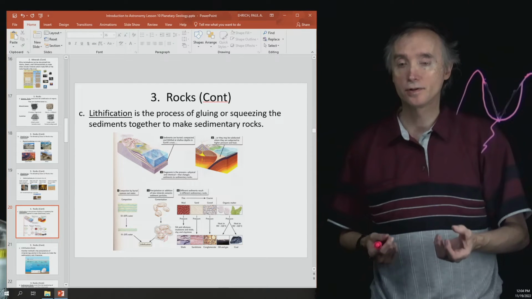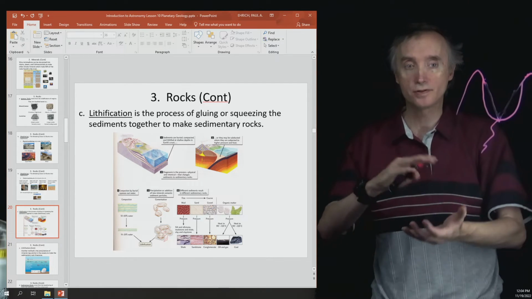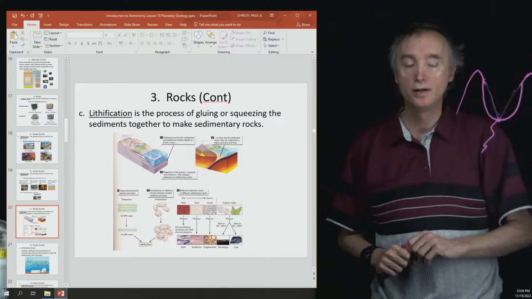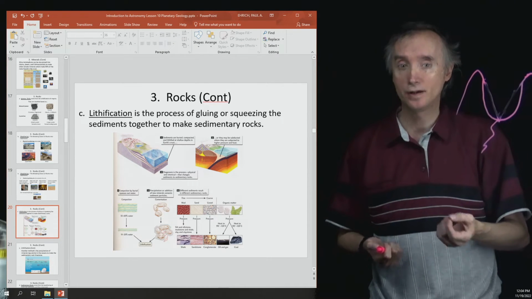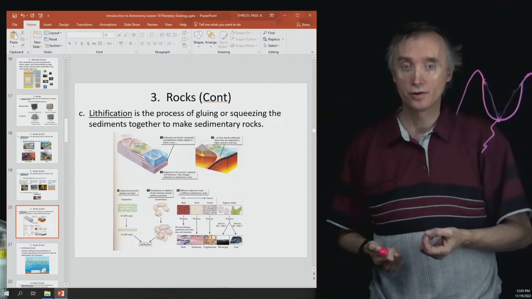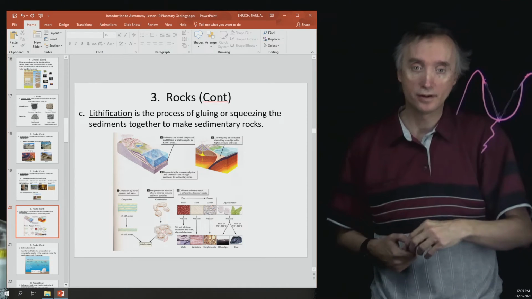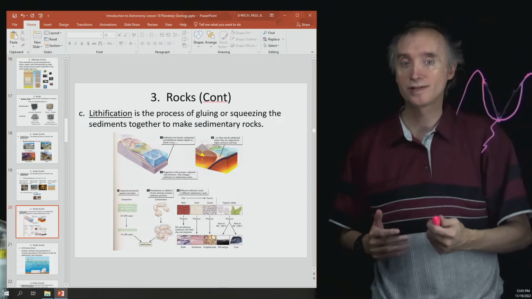Lithification is the process of taking these sediments and squeezing them and gluing them together to make a sedimentary rock. If you look at that picture down there, you see, for example, sand.